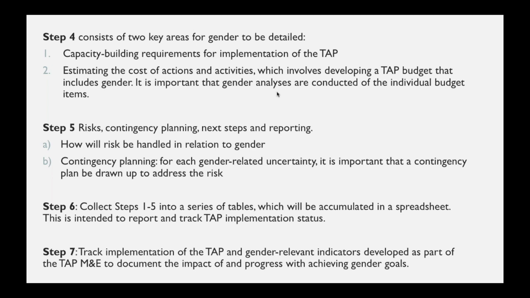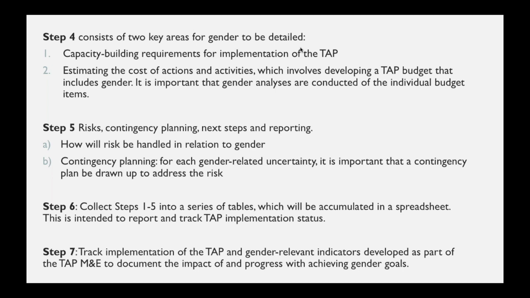And then secondly, contingency planning to mitigate those risks. For each of those gender-related uncertainties, it's important to draw up a contingency plan to address the risk. So if you at some point lose your national gender expert or a stakeholder group, is there a backup gender organization that you could approach?